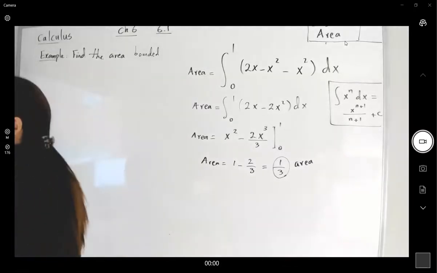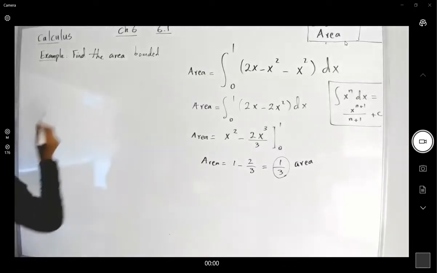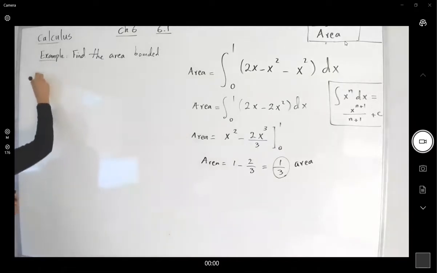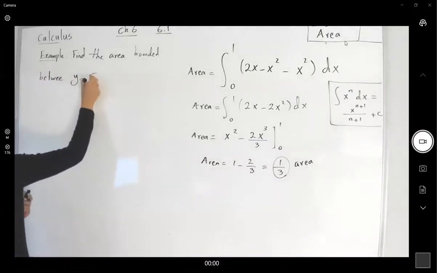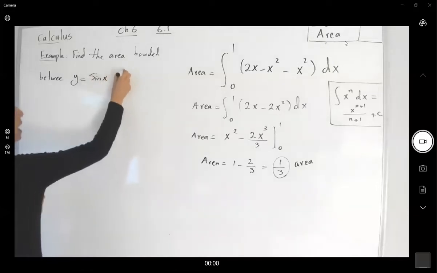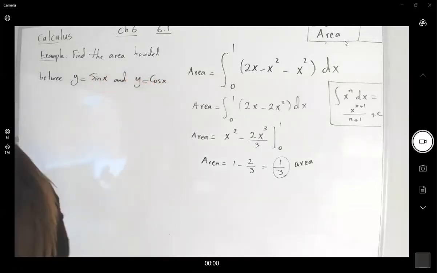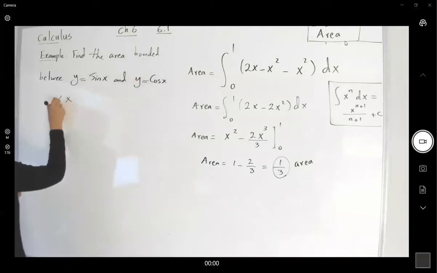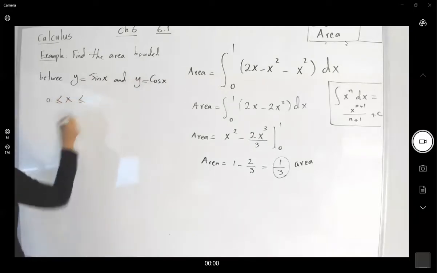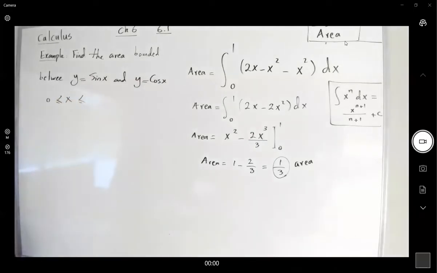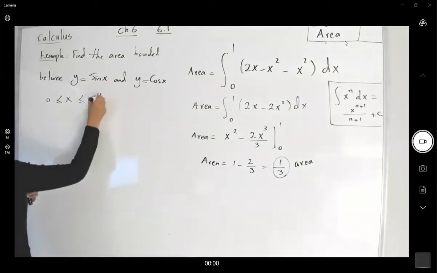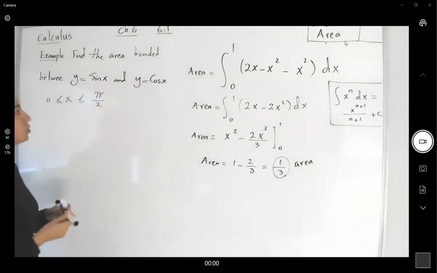Question says, find the area bounded between y equals to sine of x and y equals to cosine of x, and my x is bounded between 0 and pi over 2.